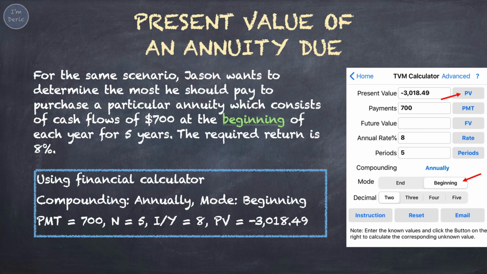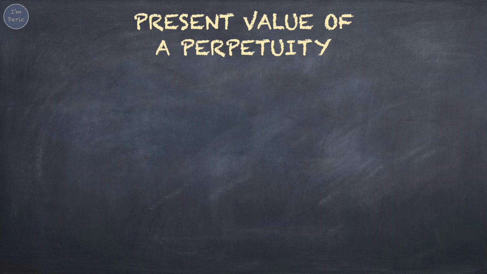Then key in PMT equals 700, N equals 5, IY equals 8. Last step, press PV, you will get the answer. This is the money that Jason has to pay now. Under beginning mode, the PV is higher, which means Jason will have to pay more money for purchasing an annuity due.